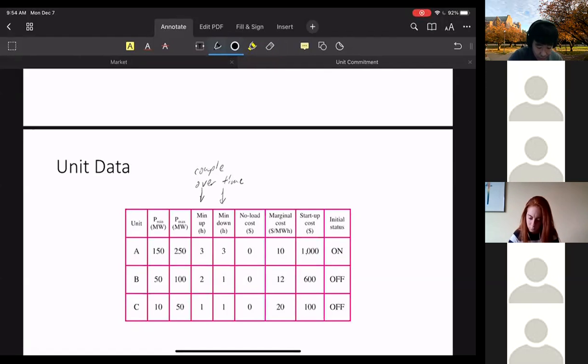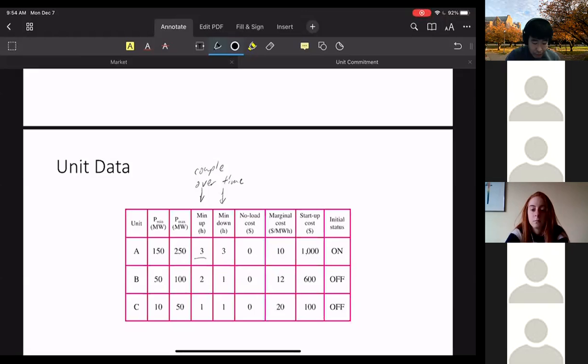For example, generator A says if you use generator A, it has to be on for all 3 hours. If you turn on generator B, it says it has to be on for at least 2 consecutive hours. Okay, so these are the time-coupling decisions.